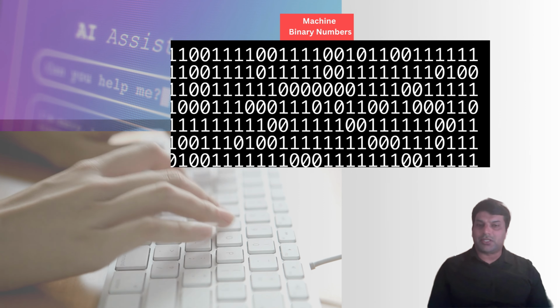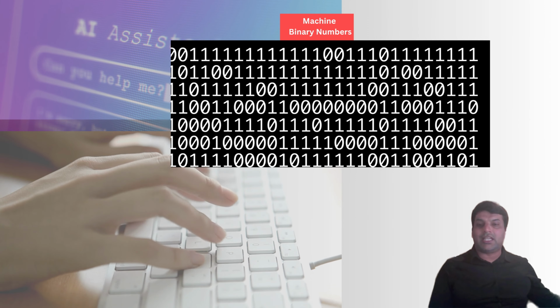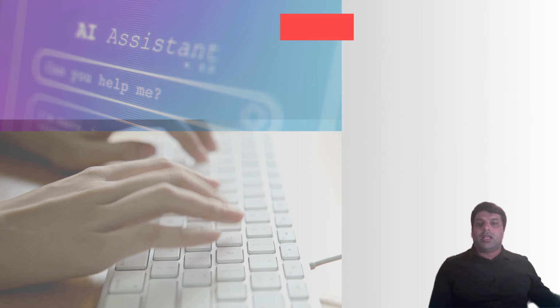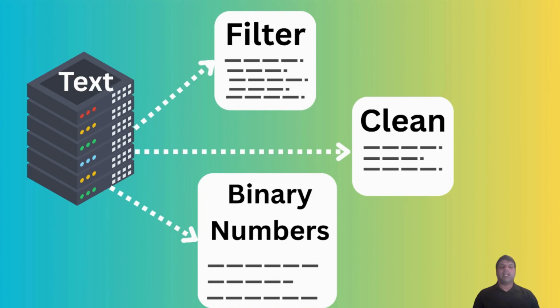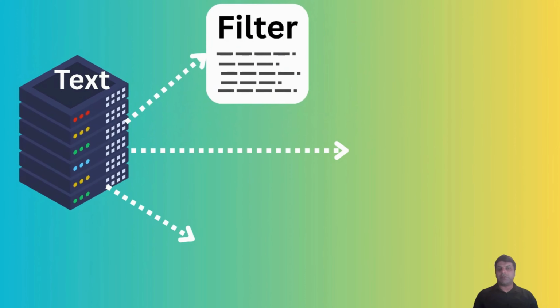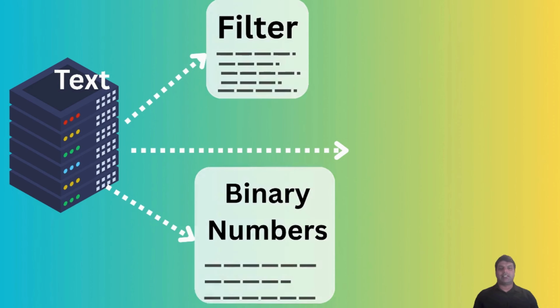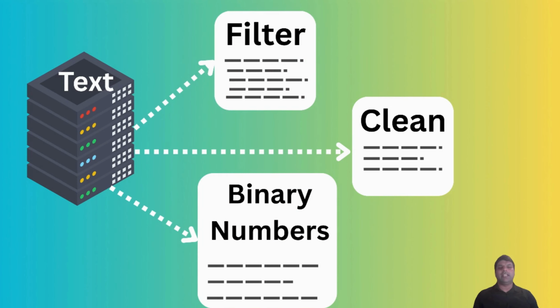So how does it work? Basically, we need to understand natural language processing (NLP). To bridge this gap between humans and machines, meaning text and binary language, we use natural language processing. NLP is the field that allows us to convert human language into a form that a machine can understand and use. The first step is filtering the text and cleaning it for further usage.